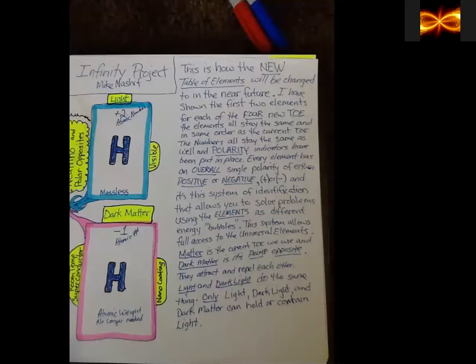It's this system of identification that allows you to solve problems using the elements as different energy bubbles. Keep that in mind, different energy bubbles. The system allows full access to the universal elements.